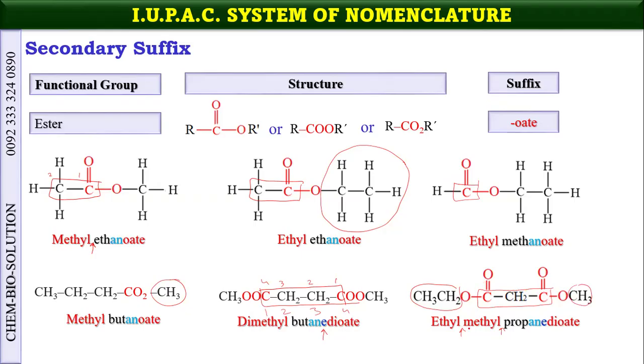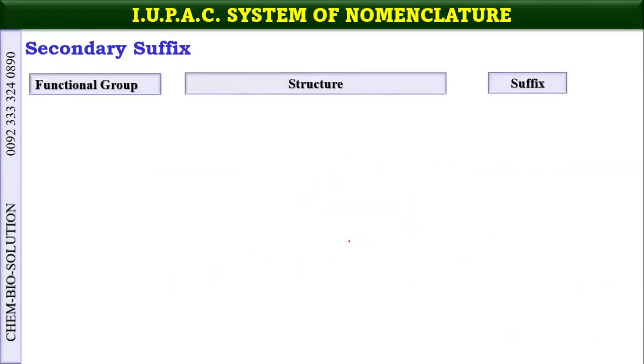Okay, but it is written in alphabetical order: ethyl methyl propanedioate. We never write it methyl ethyl propanedioate. That would be wrong. But remember that such type of nomenclature is not the part of our A-level syllabus. A-level only has these simple types of nomenclature.